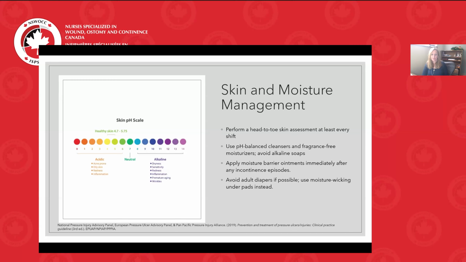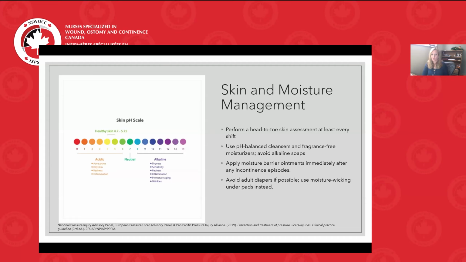So making sure that we're balancing the pH of the skin so that it doesn't cause them to break down. If our patients are a little bit more on the alkaline side, they will have that dryness. They could be very sensitive. They could be red, with inflammation. If it's more on the acidic side, you're going to have those patients that have that oily redness. There can be inflammation there also. So how do we manage that, or how do we maintain that?